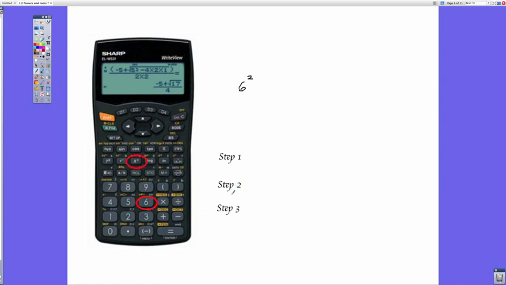The next step, you find your squared button, which has an X with a little 2. Then you press equals, and you get the answer equal to 36. So try this on your calculator. If you try 4 squared, you press the 4, and then square it, and then press the equal sign, and you will get 16.